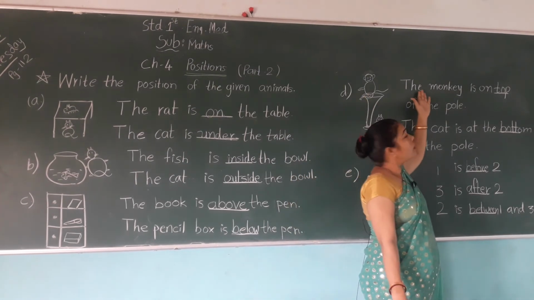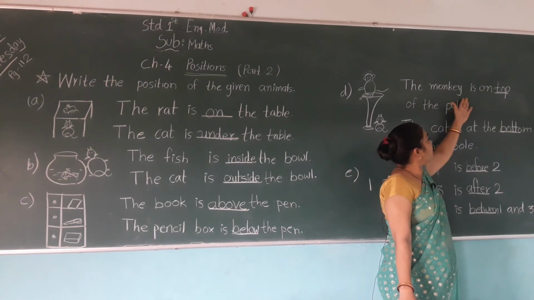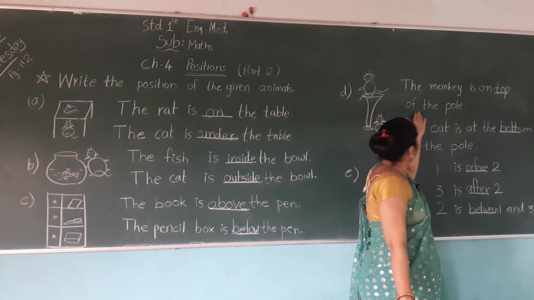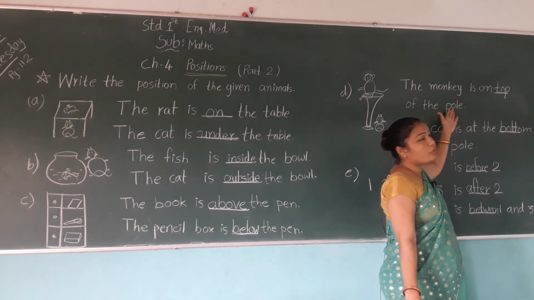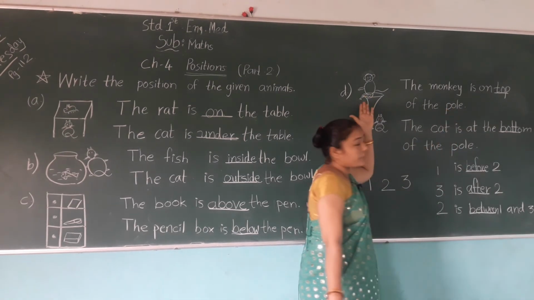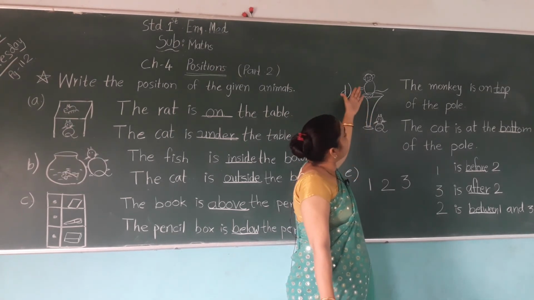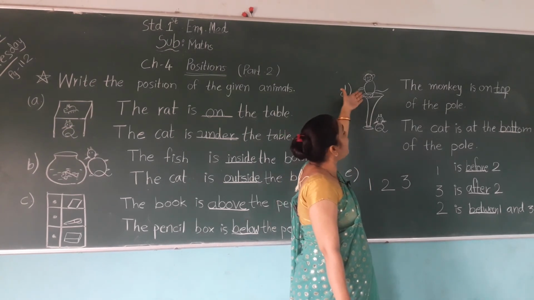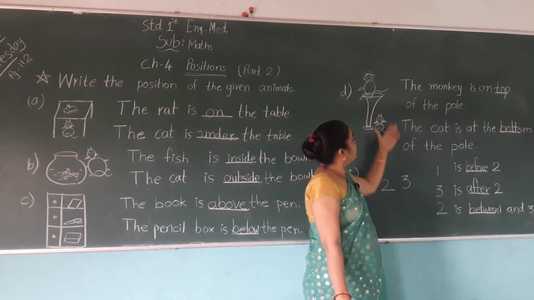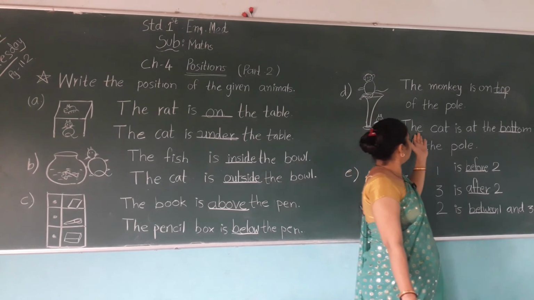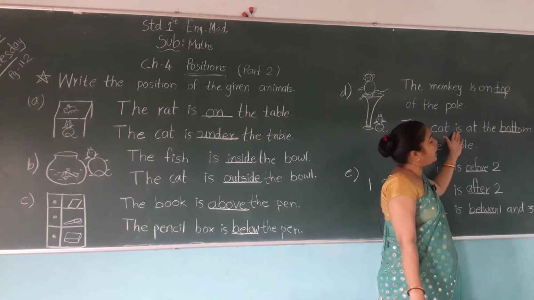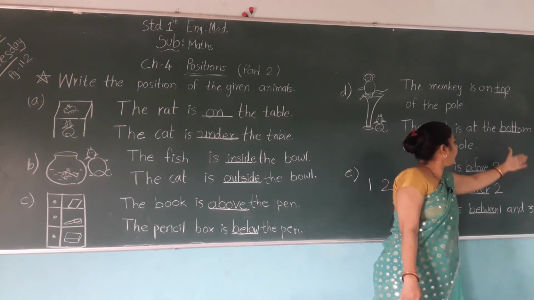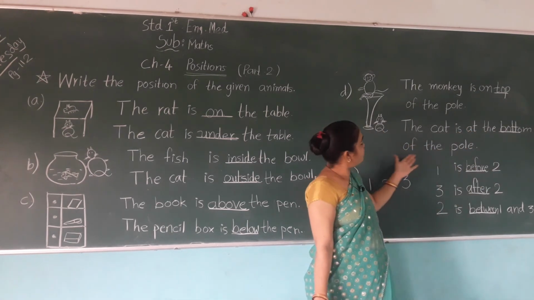The monkey is on dash of the pole. Where is the monkey? The monkey is on top of the pole.